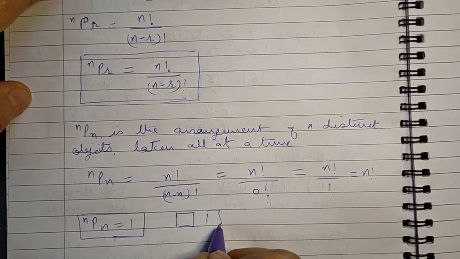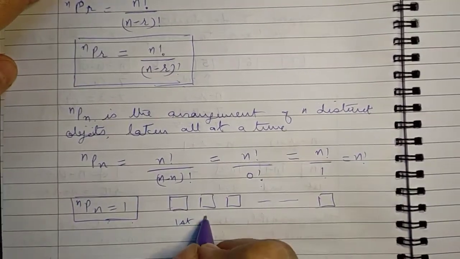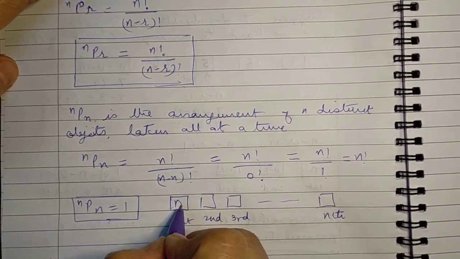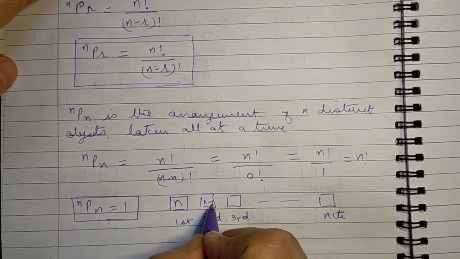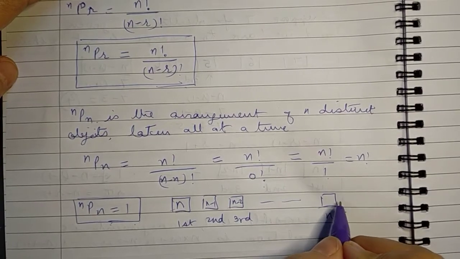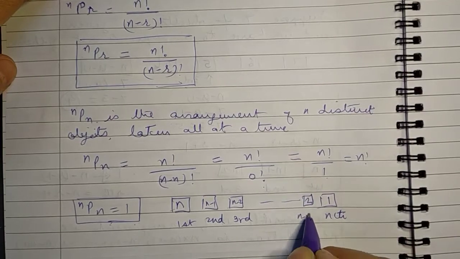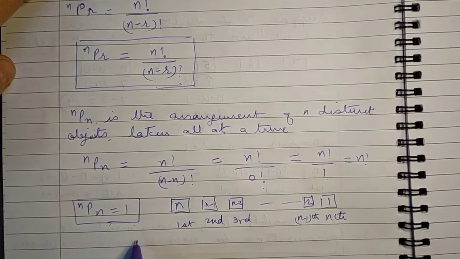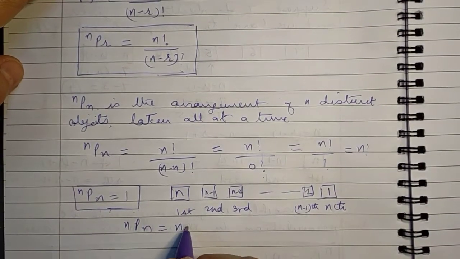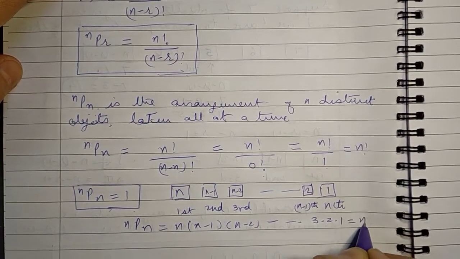And this you can verify also. If there are n places to be filled up, these are the first, the second, the third, and this is the nth place. So we have n options here, then n minus 1 options, then n minus 2, proceeding in this manner, until the last places have 2 options and then 1. So nPn will be nothing but n times (n minus 1) times (n minus 2) and so on down to 3, 2, 1, which is n factorial.